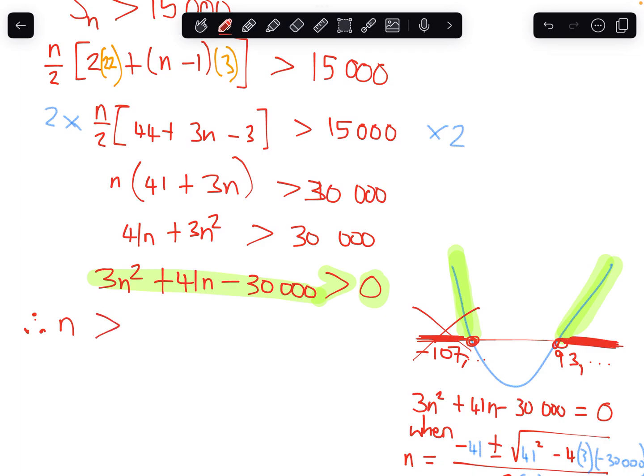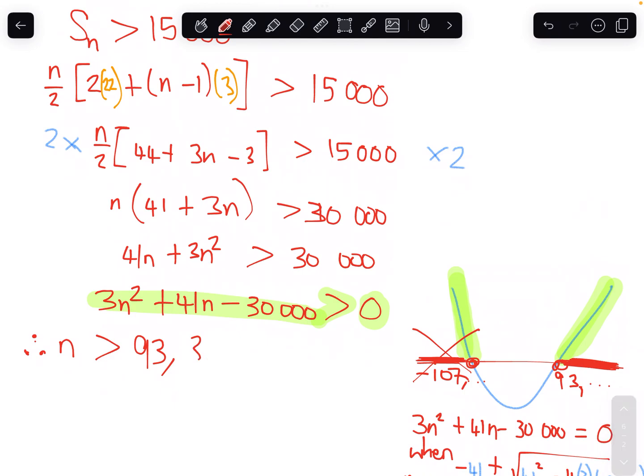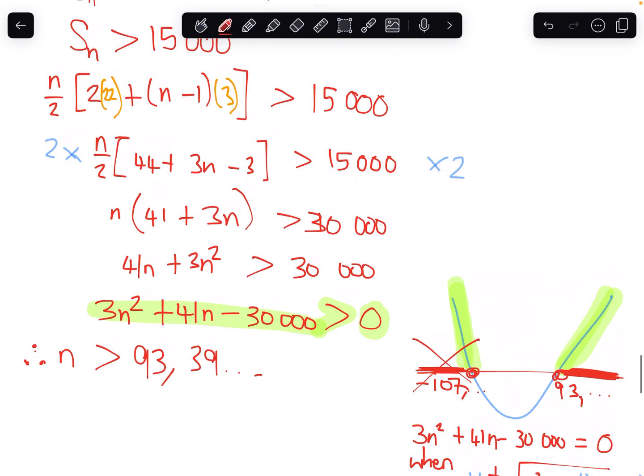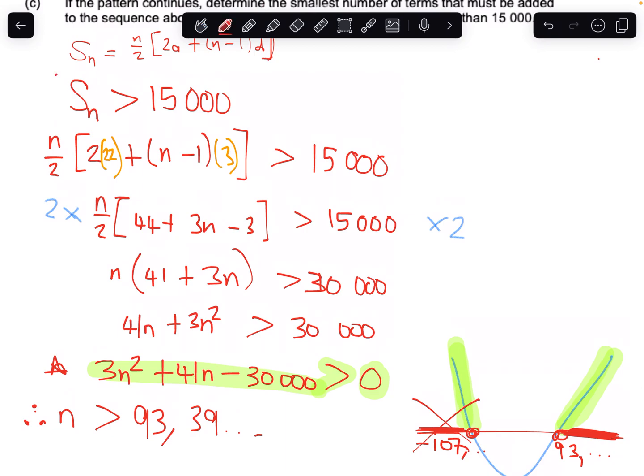So if n is greater than 93.39 something, right, then firstly this expression is positive, right? And more importantly, this is when Sn will be greater than 15,000.